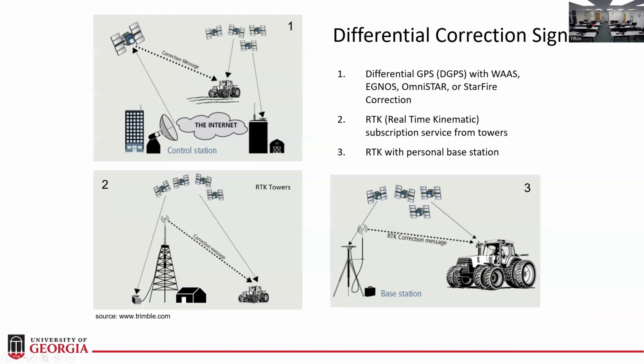So the concept here is going to be similar to the DGPS with beacon, but the difference is that, for example, here you have a GPS receiver on your tractor.